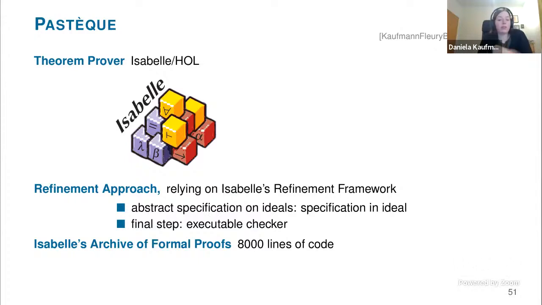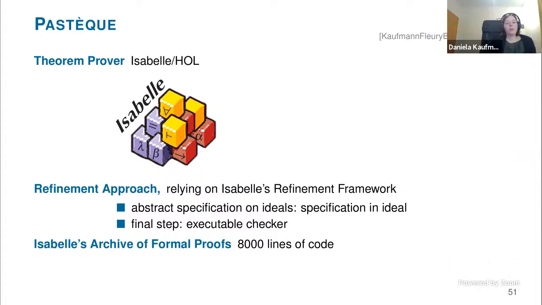We start with the abstract specification on the ideals, and in the final step, we get an executable proof checker. PASTEC is contained in Isabelle's archive of formal proofs and consists of about 8,000 lines of code.